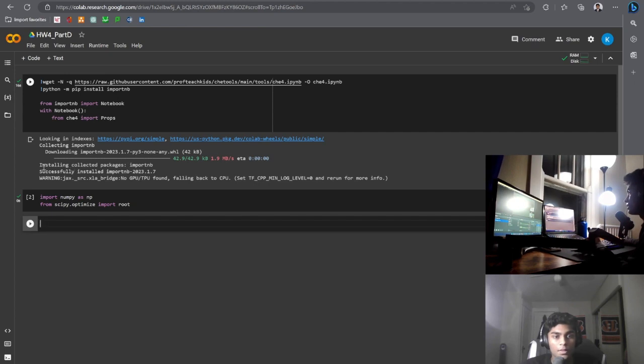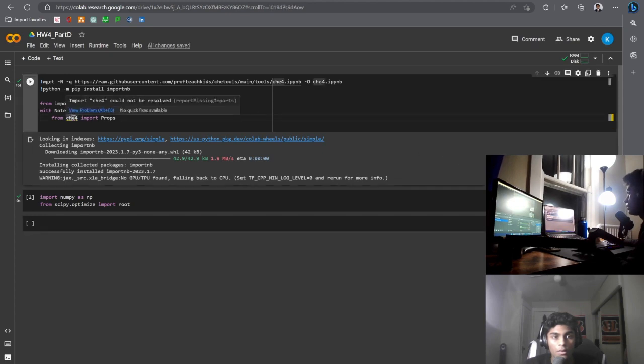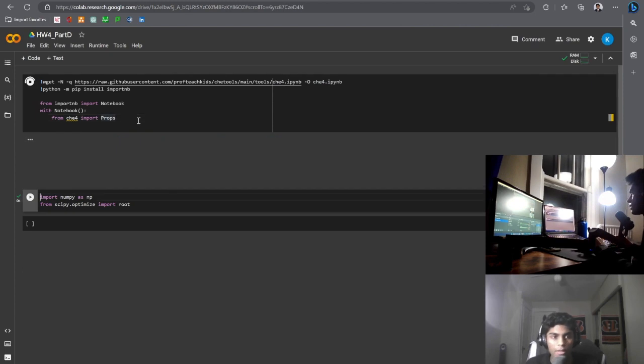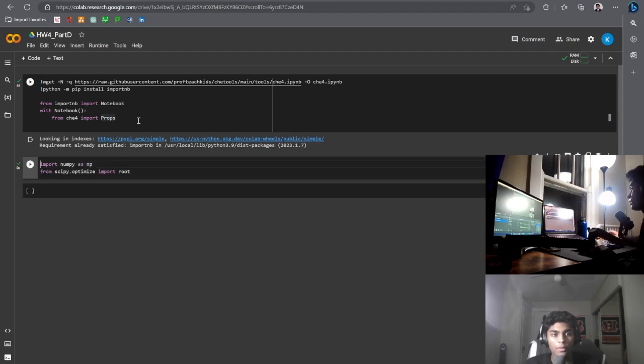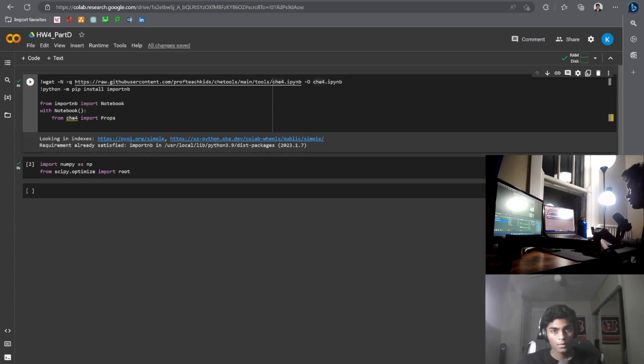All right. So now we are ready to start importing all of our data. The key behind this is the fact that we are importing the props class.